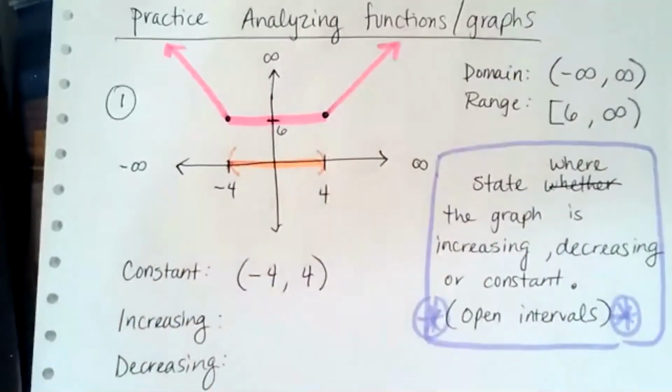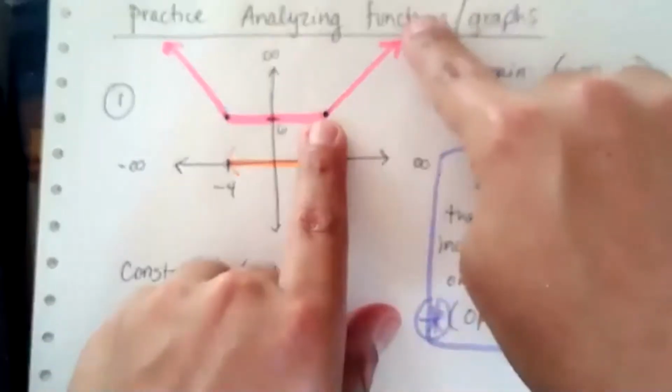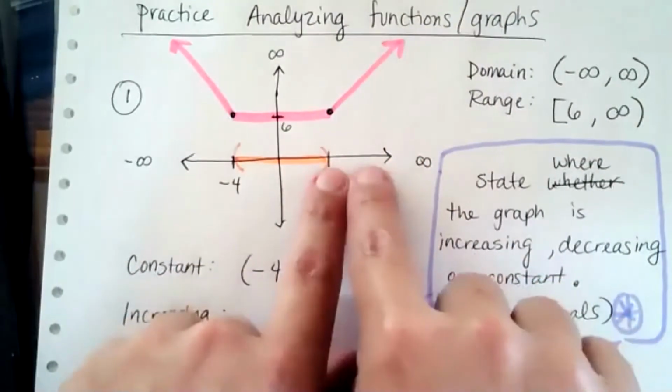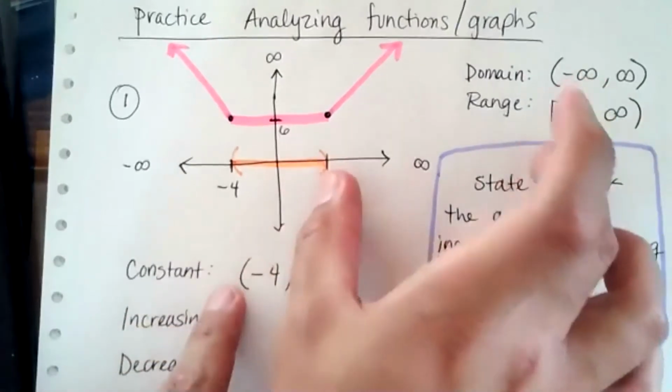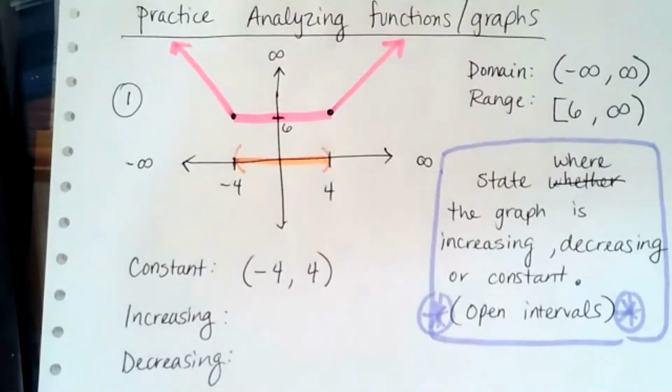So we're sort of having to juggle two ideas at once: the upward motion of the graph and using the x-axis as a measuring stick to say what region it is increasing.